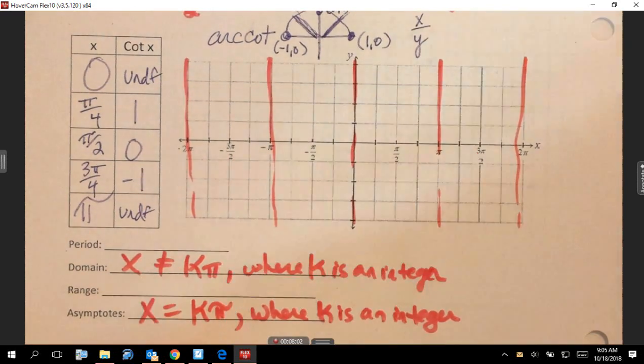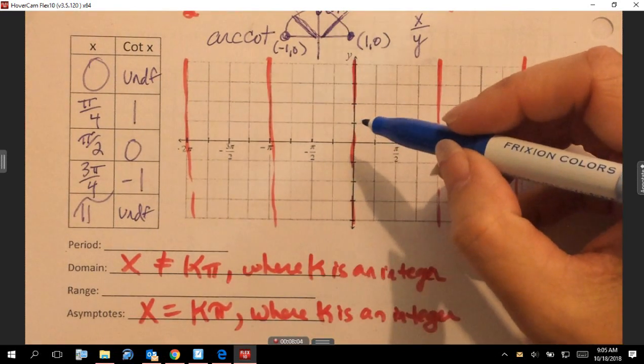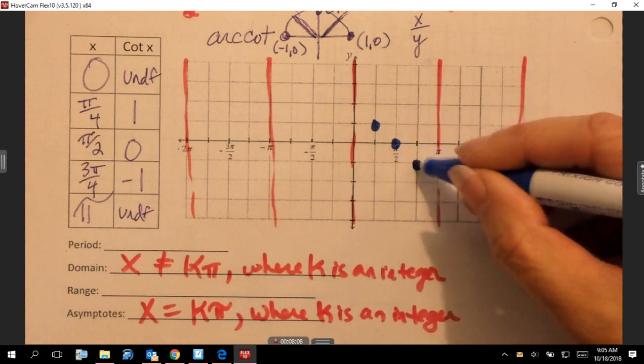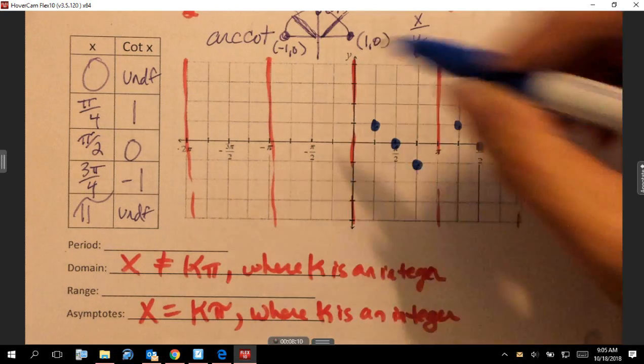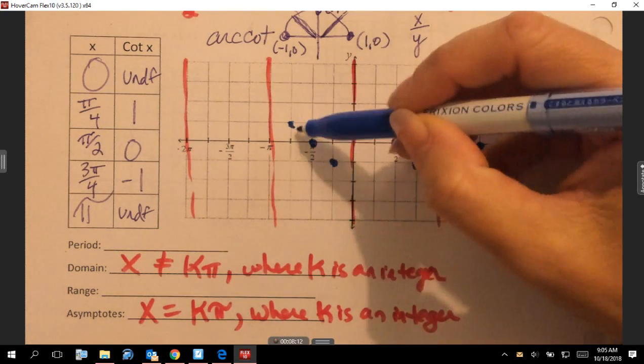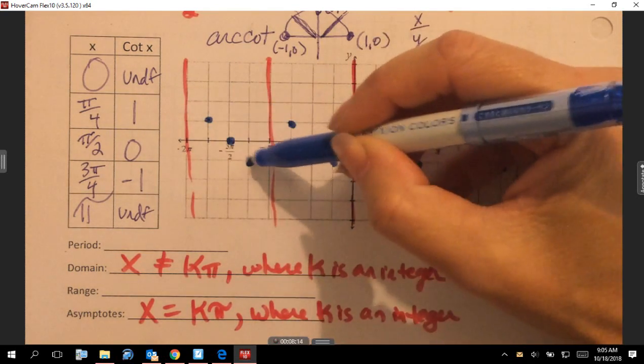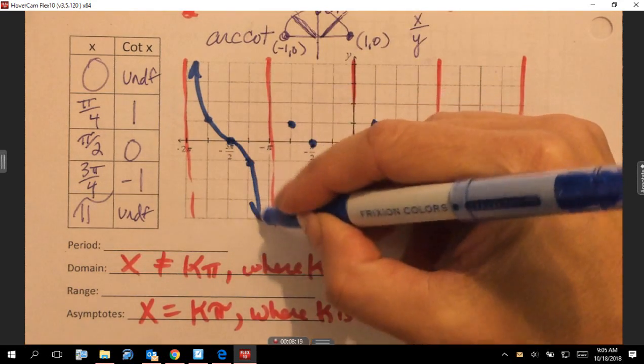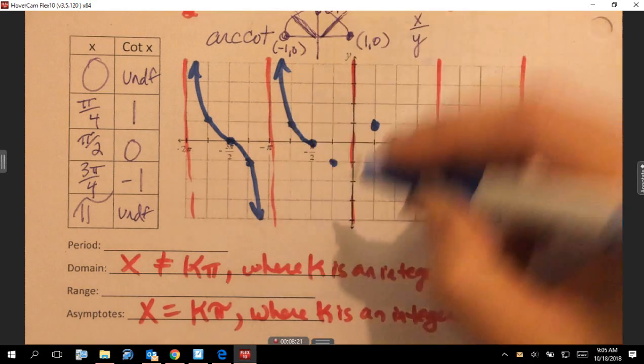Then pi over 1. And just watch your concavity. If the point goes from the center up, the concavity opens up.